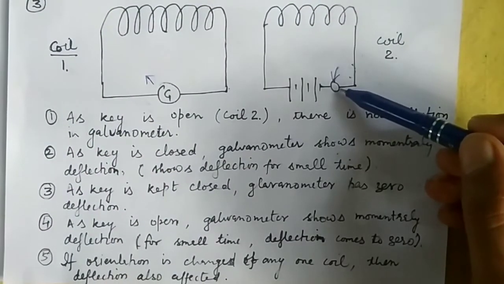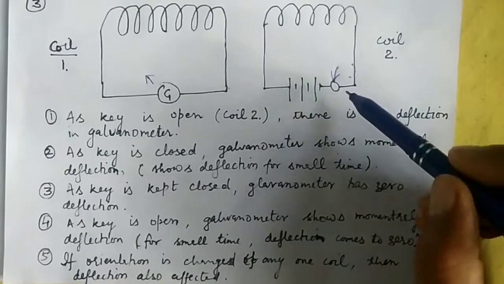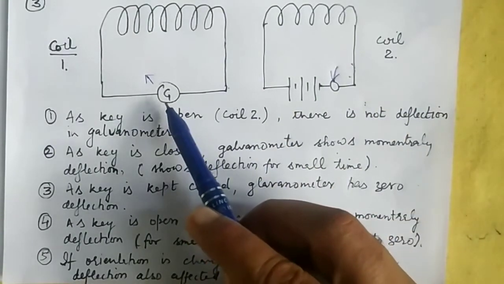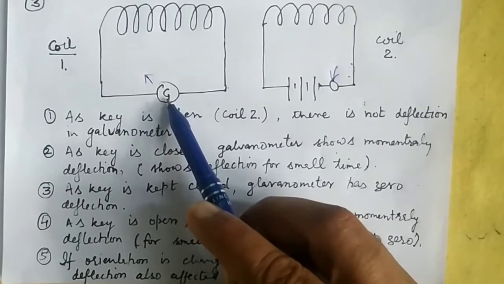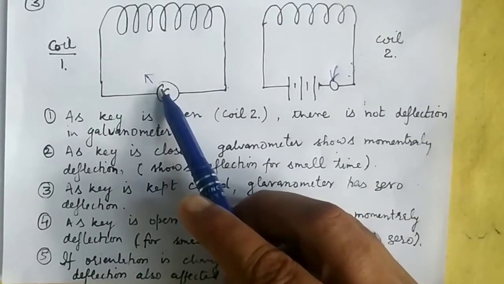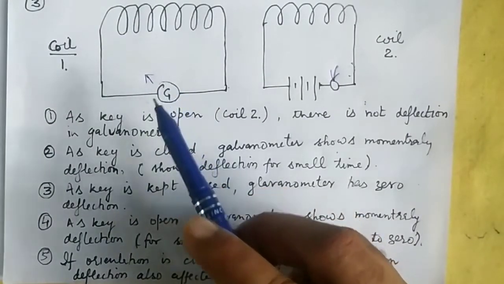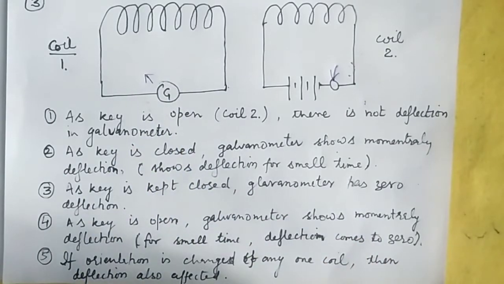If the key is kept closed, the deflection produced in the galvanometer comes to 0, or you can say there is no deflection.